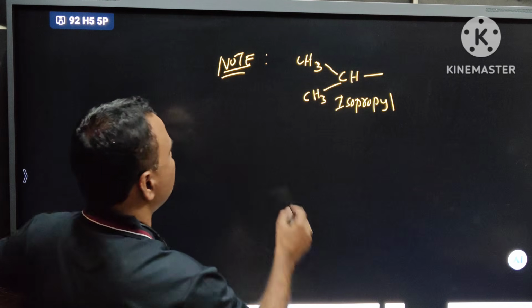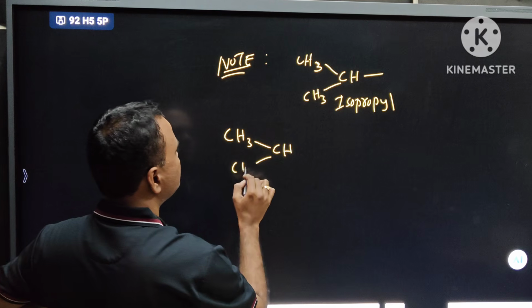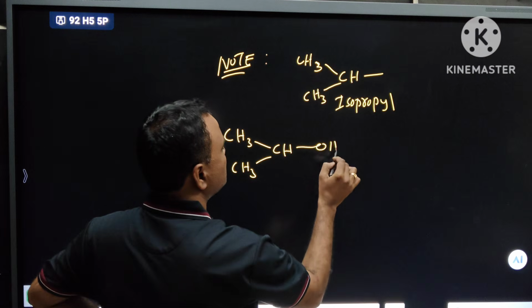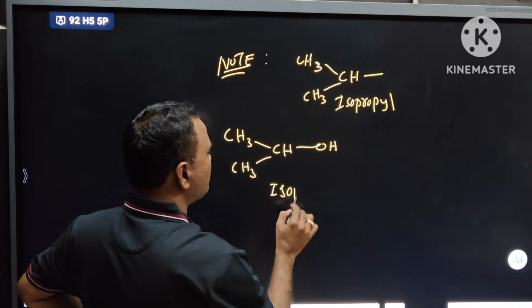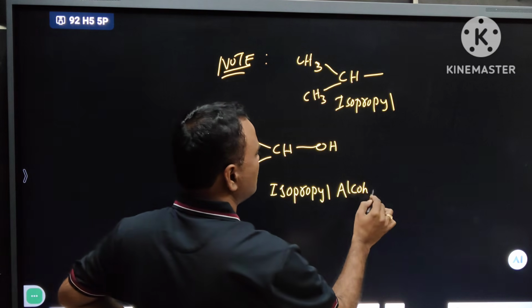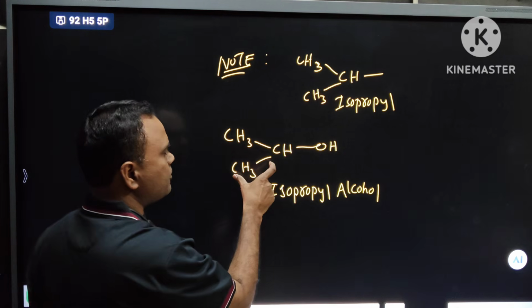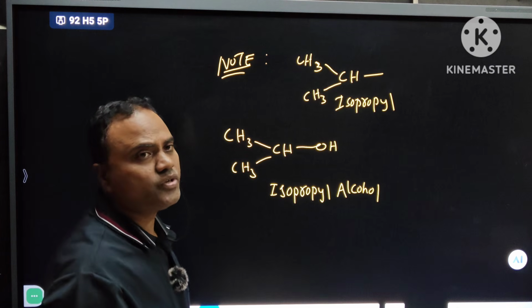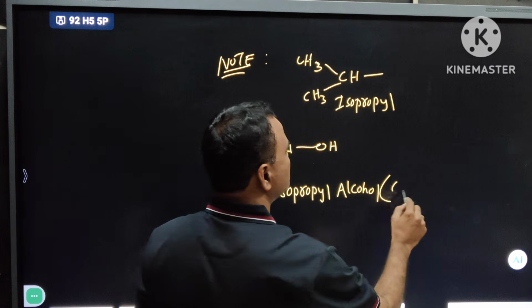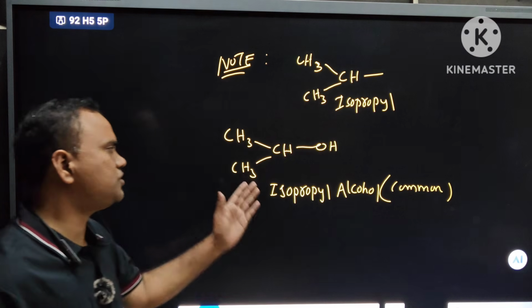So if I add an OH group here, then it is generally called isopropyl alcohol, because this part is isopropyl, this is alcohol. Isopropyl alcohol. Can you give its IUPAC name? This is the common name. What is its IUPAC name?